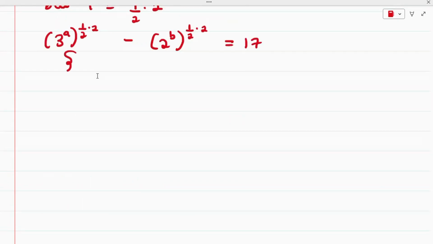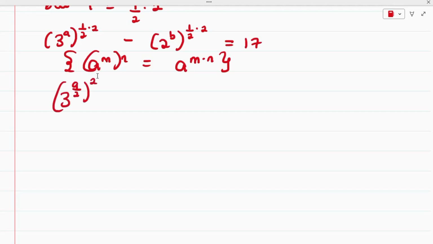From the property of exponents, a raised to the power of m, raised to the power of n, is equal to a raised to the power of m multiplied by n, right? So applying this, we have 3 raised to the power of a over 2, raised to the power of 2, minus 2 raised to the power of b over 2, raised to the power of 2, and this is equal to 17.